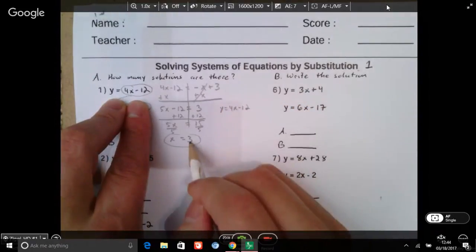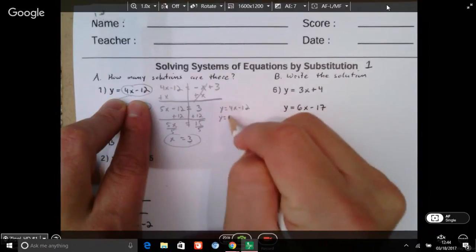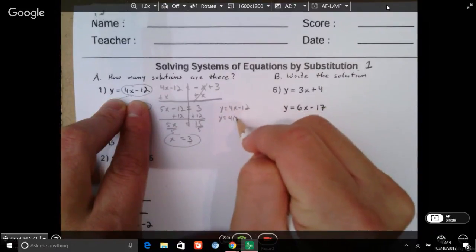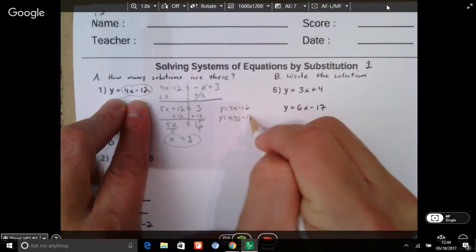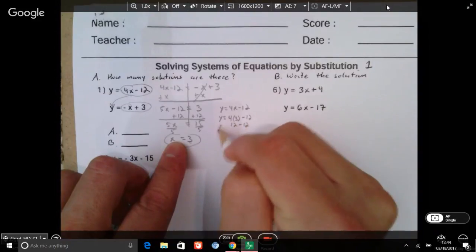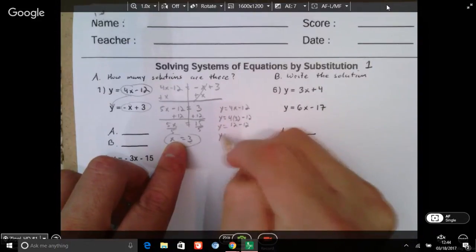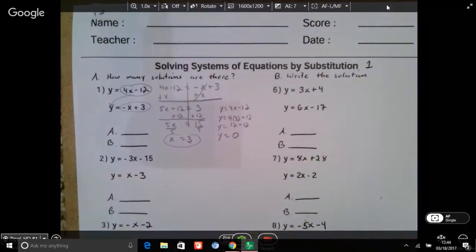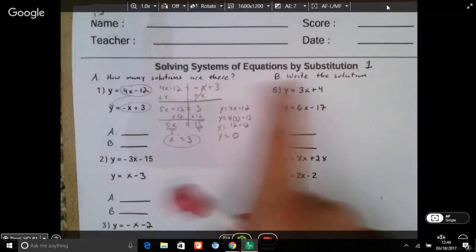I know now that x is 3, so I'm going to plug that in. y equals 4 times 3 minus 12. 4 times 3 is 12, so I have 12 minus 12, and 12 minus 12 is 0. So y equals 0.